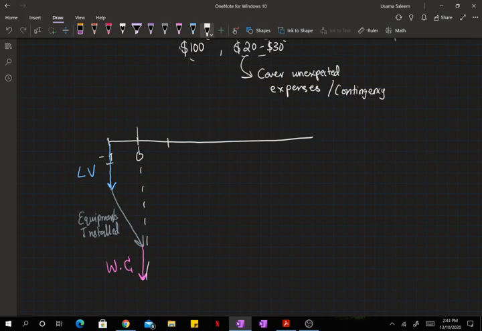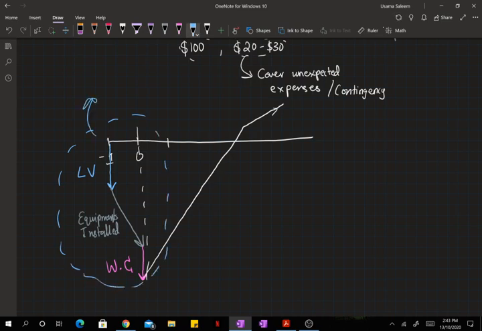Okay, and after that you saw that your plant starts making money and your cash flow looks something like this. So this region right here, if I can just point it out for you, this region is where your capital costs are, your main driving costs.